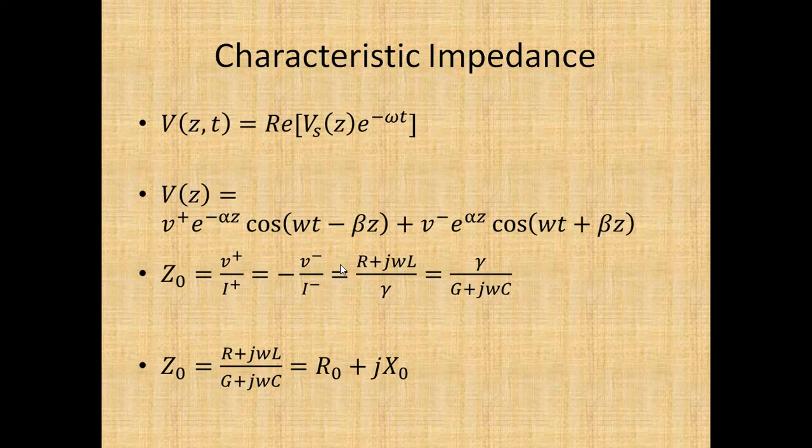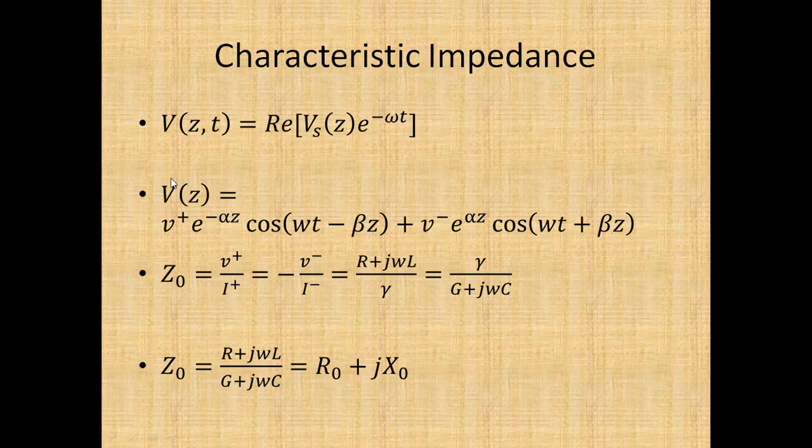Now the characteristic impedance is the real part of this equation. It is solved, and here the phasor term with respect to time, e raised to j omega t, is added.